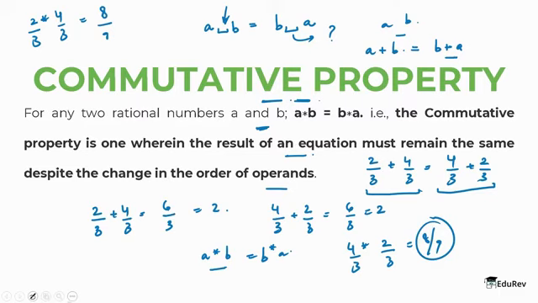That means both of these are going to give me an equal answer, that is 8 by 9. Therefore, I can say that multiplication and addition are both commutative. Now we have understood how multiplication and addition work, but let's also understand how division and subtraction are going to work.